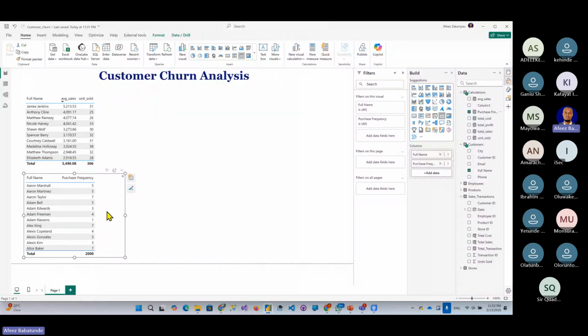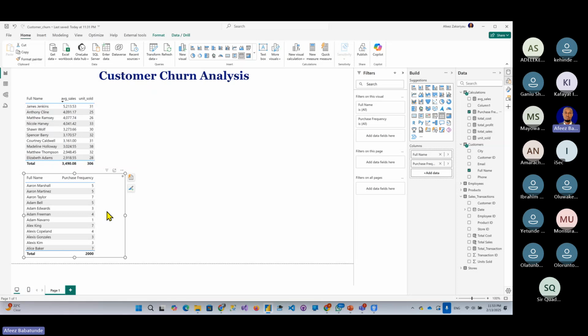We can now decide, okay, if the customer is greater than, you can filter this table. Probably you want to know those who visited our store only once and never returned. Probably you want to get in touch with them, like, what is happening? We have not been seeing you in our store.